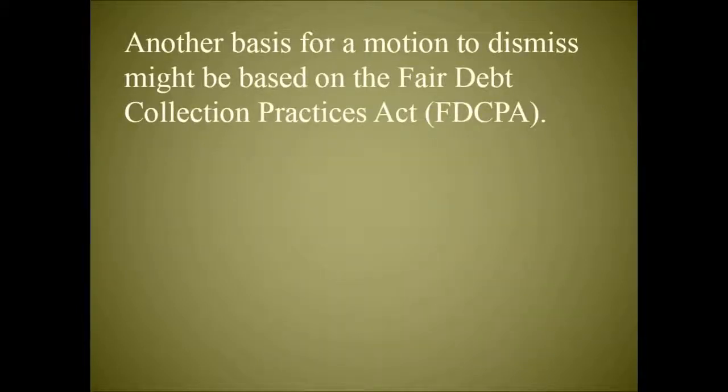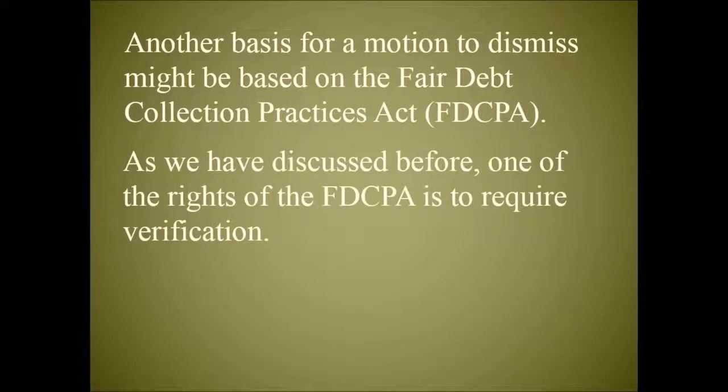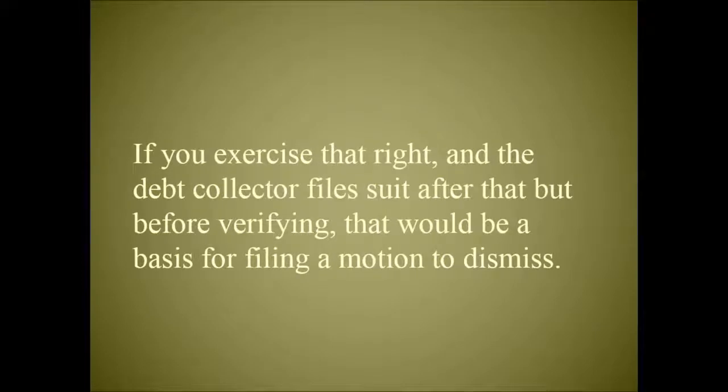Another basis for a motion to dismiss might be based on the Fair Debt Collection Practices Act, the FDCPA. As we've discussed before, one of the rights of the FDCPA is to require verification, or it could be called validation sometimes. If you exercise that right and the debt collector files suit after that, but before verifying, that would be a basis for filing a motion to dismiss and also for a counterclaim.